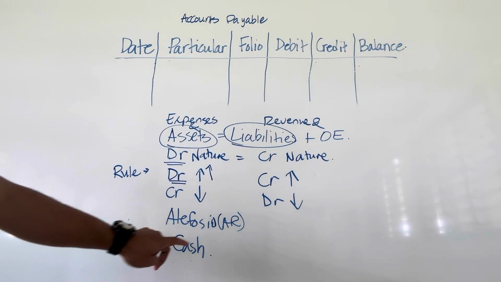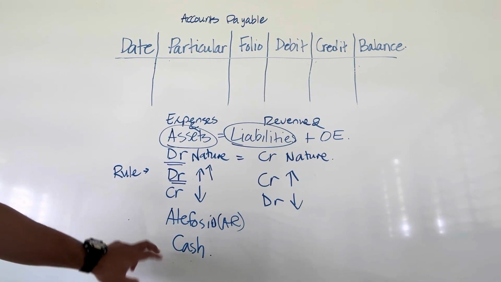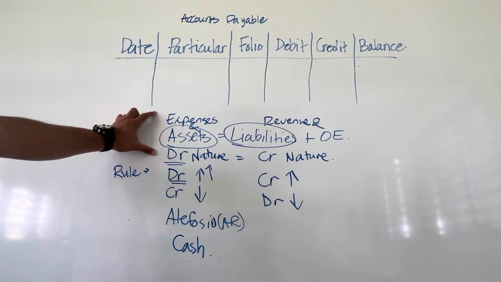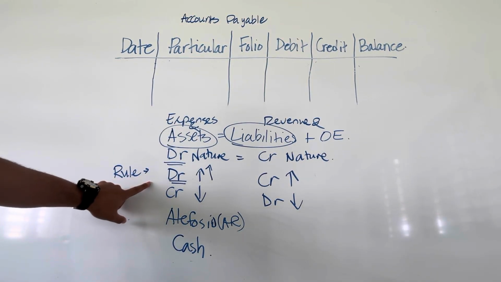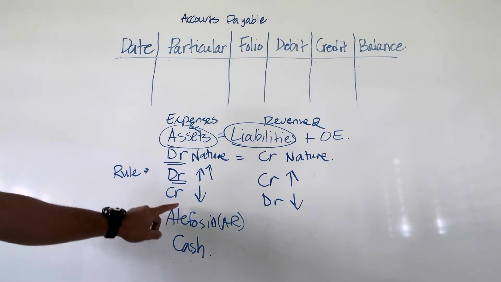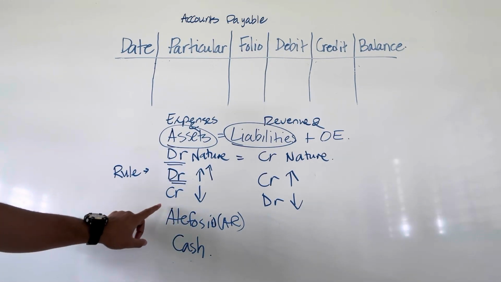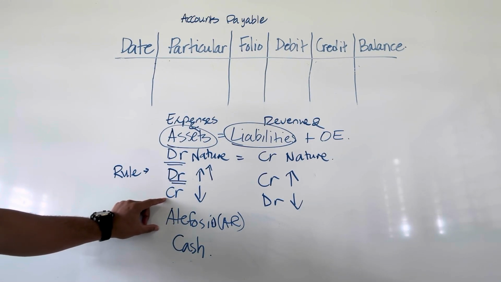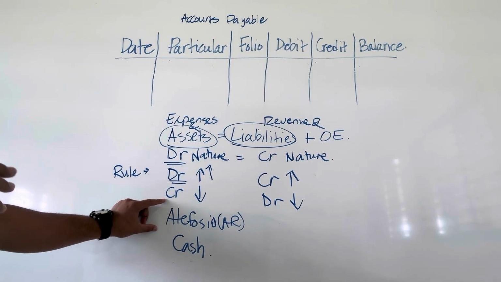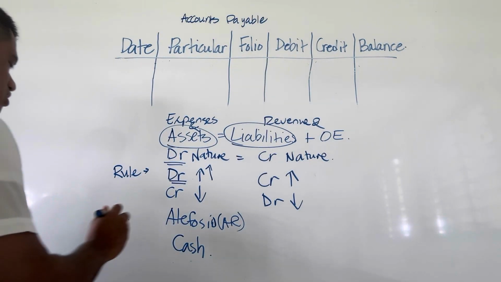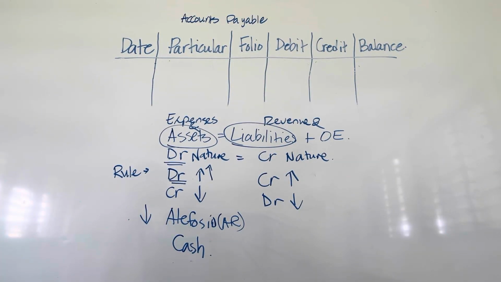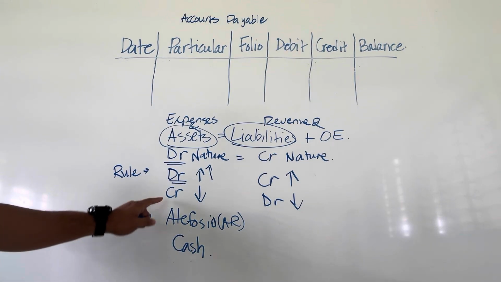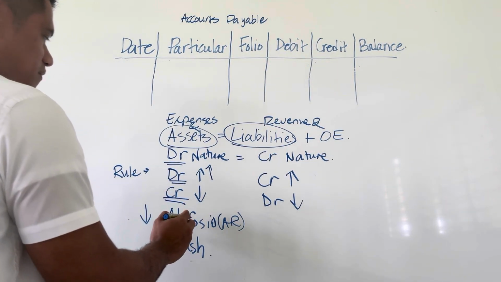Both Alifosio, who is an account receivable, and cash are asset accounts of the business. Again, on the rule, a debit increases and a credit decreases. So what happens to Alifosio's account? It's a decrease in the account, so therefore it's a credit.